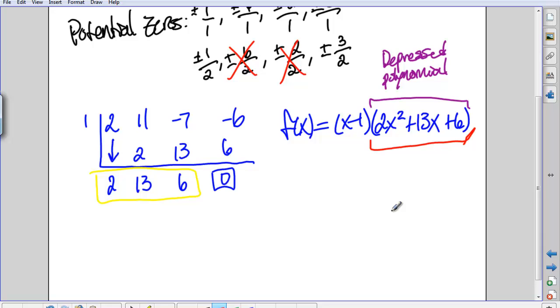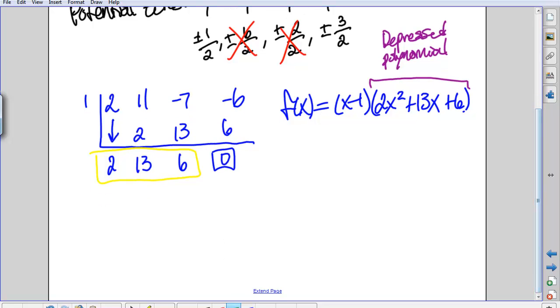My other 2 zeros are the zeros of this smaller polynomial, okay? So what that's helpful for is as I continue this synthetic division process, I can actually save myself some work and use this depressed polynomial.